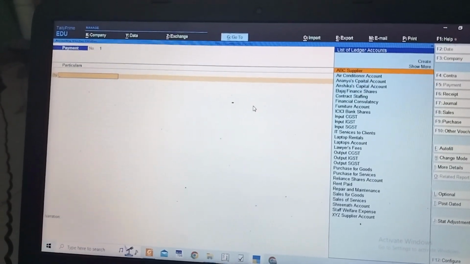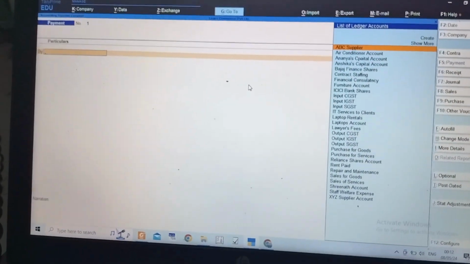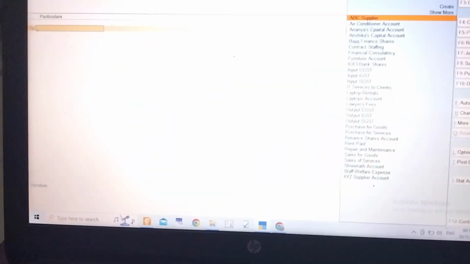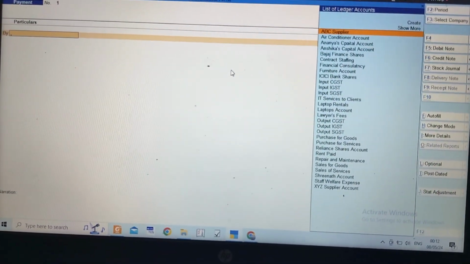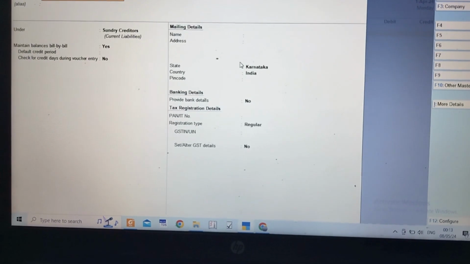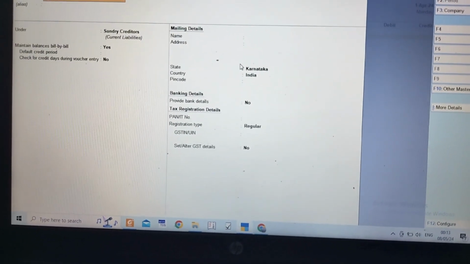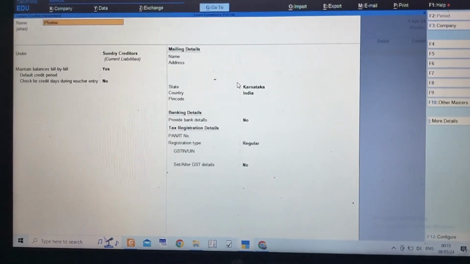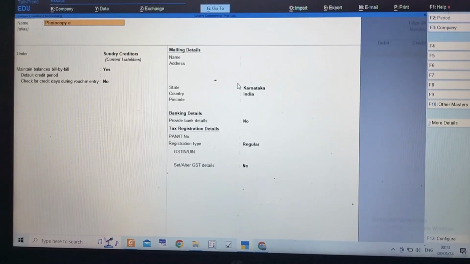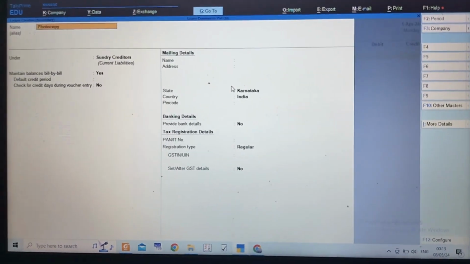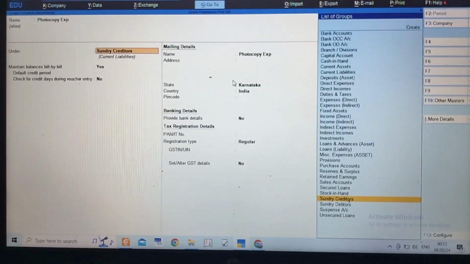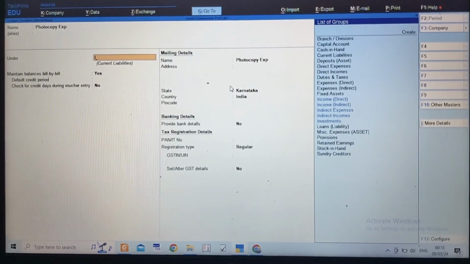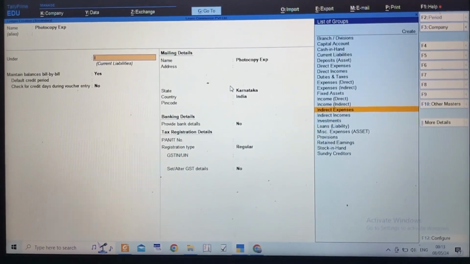Now we are making payment, so suppose I am making Xerox expense or photocopy expense, so I'll create ledger by pressing Alt C. Now I'll give the expense name as photocopy. That is indirect expense for our business.